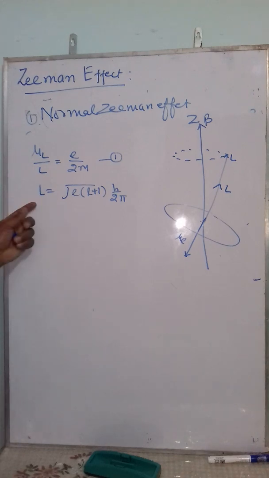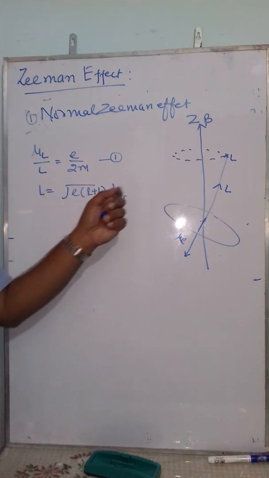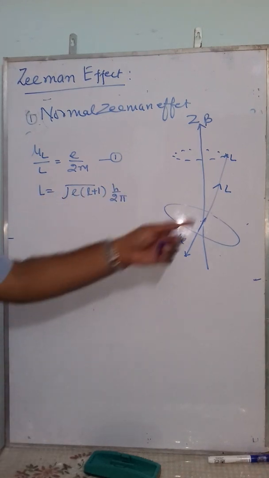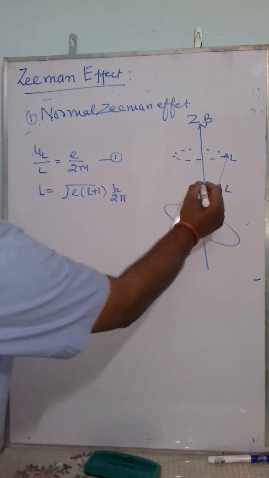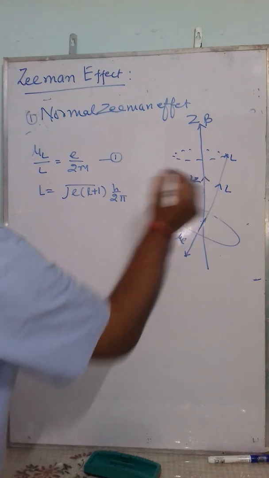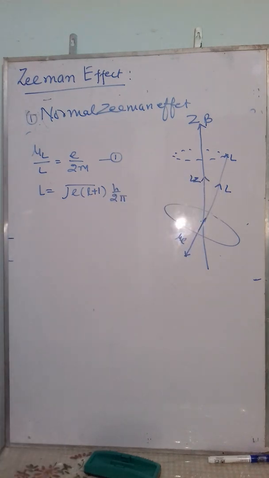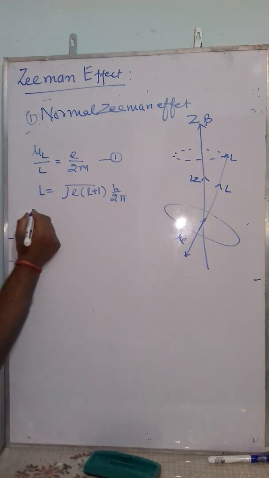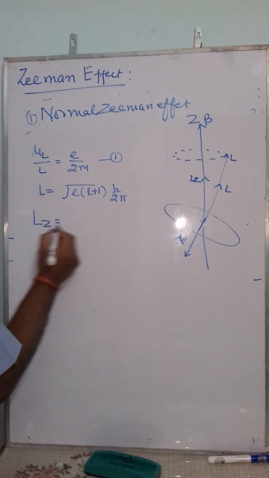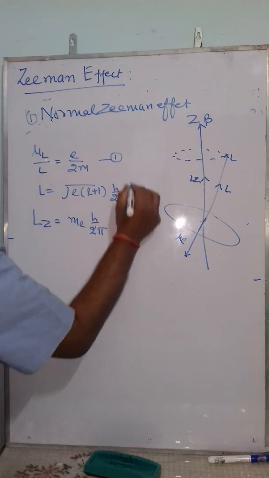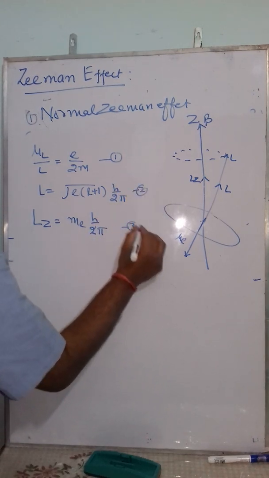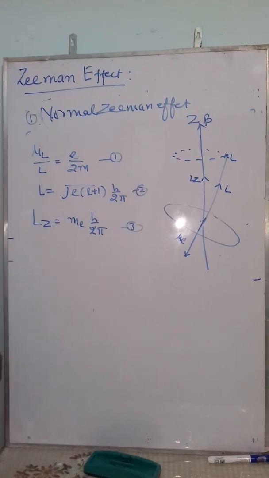If the component of L along this direction is Lz, then Lz is equal to ml into h upon 2 pi. This we came to know from quantum mechanics.